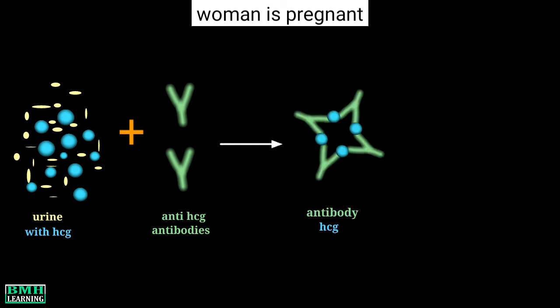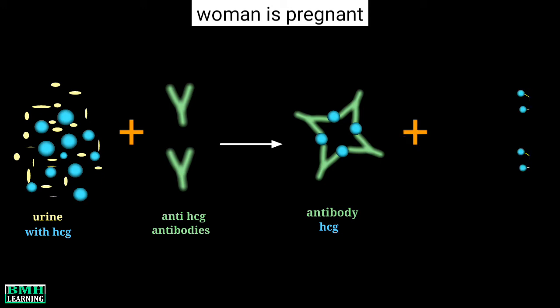First is, suppose the woman is pregnant. That means the urine sample of the woman should have HCG. To carry out the pregnancy test, the first thing we do is to incubate the urine sample with anti-HCG antibodies. And we know this incubation will cause antibodies to bind with HCG molecules.